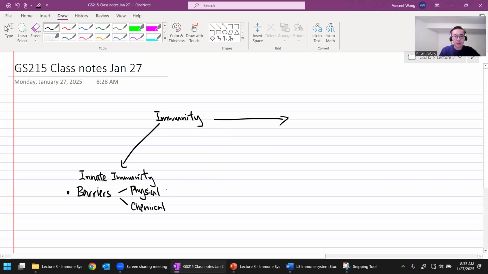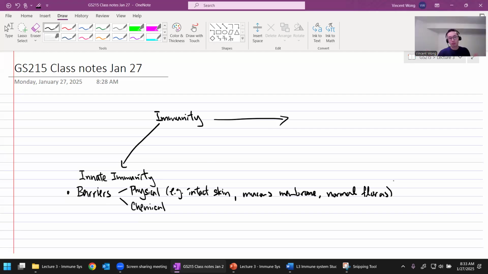For physical barriers, we have things like intact skin, mucous membrane, and these microorganisms that live on us and in us, they take up so much space that the harmful ones will not be able to attach onto our surfaces. We call these beneficial microorganisms normal flora.